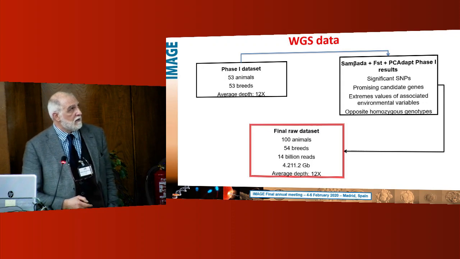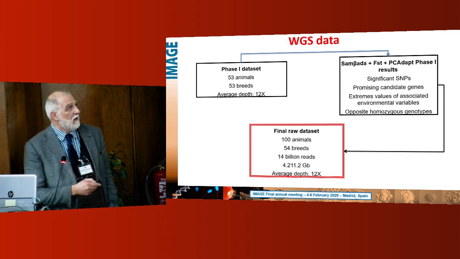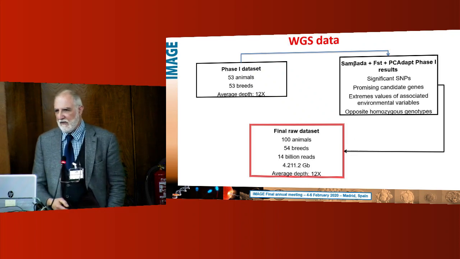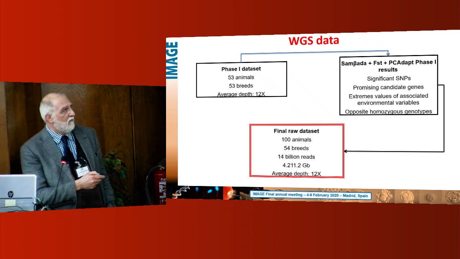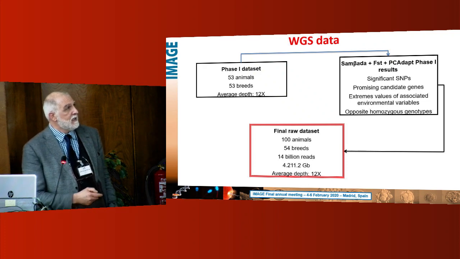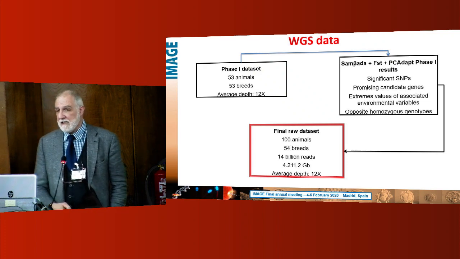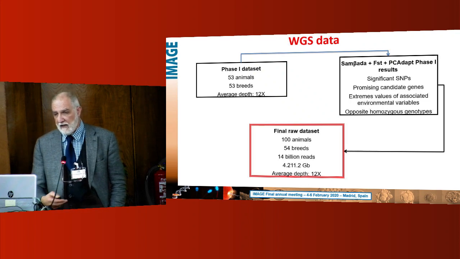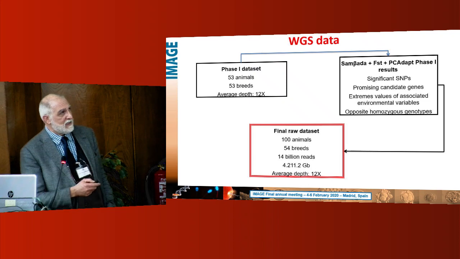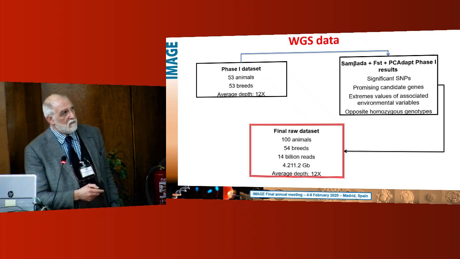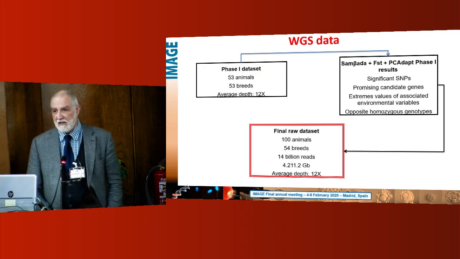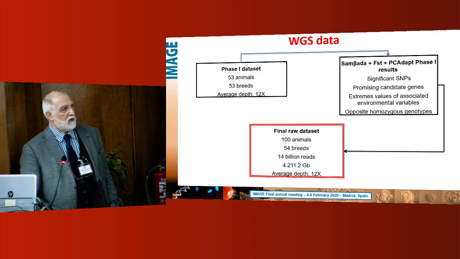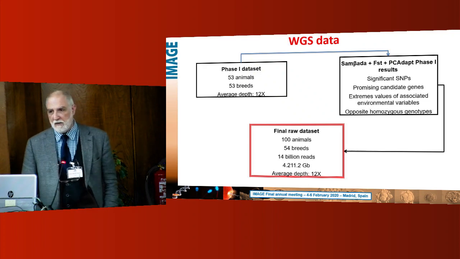About the whole genome sequences, there was a 2-step selection of animals to be whole sequenced. First, one animal per 53 breeds, and then on the basis of a preliminary analysis of association with environmental variables, we selected the extreme values, animals that were at extreme values of associated environmental variables, having opposite homozygote genotypes for promising candidate genes.